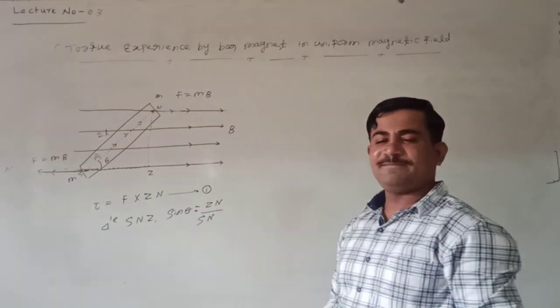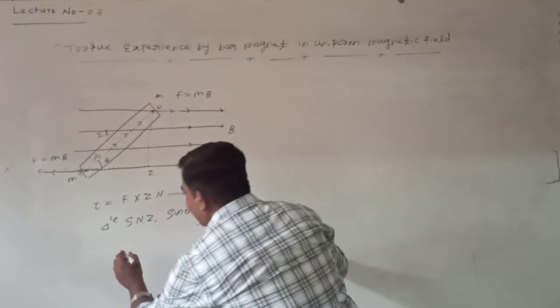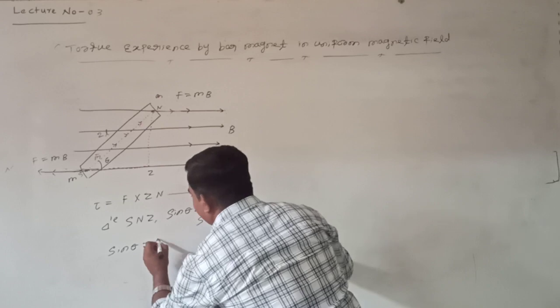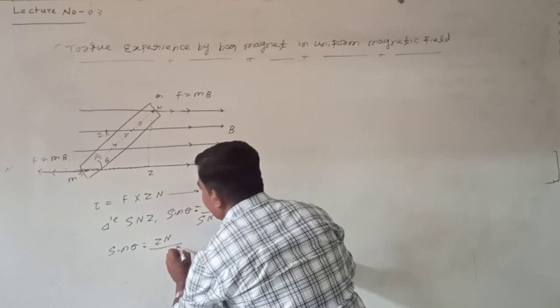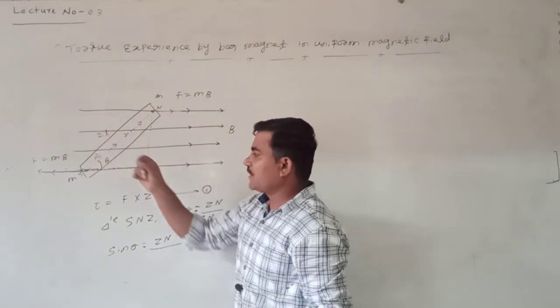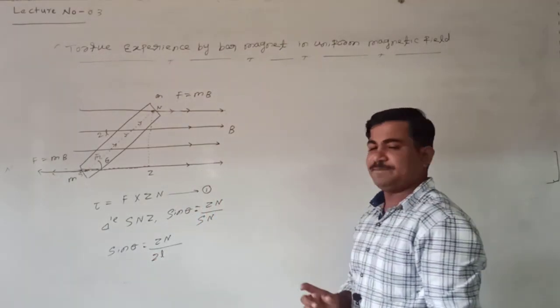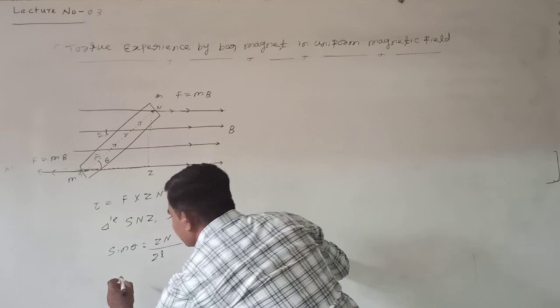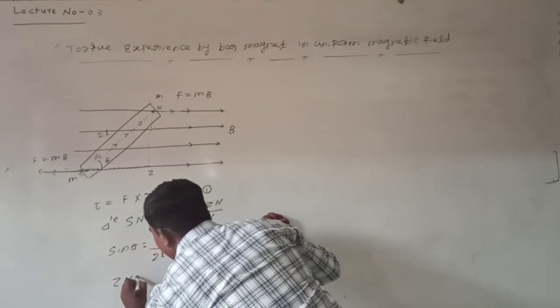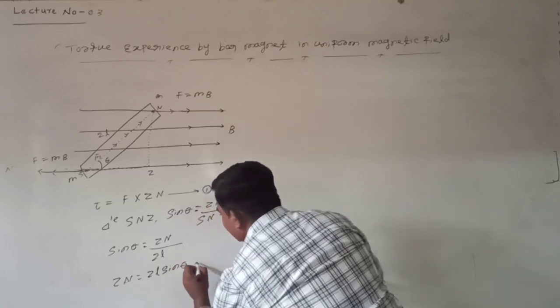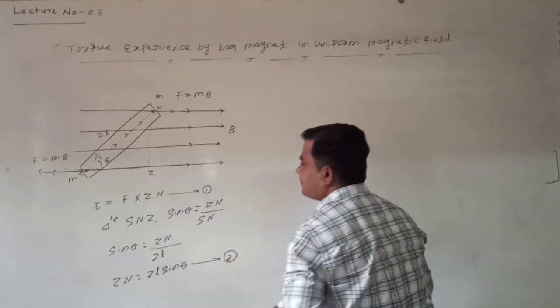SN. Right? Again you can take sine theta. Sine theta is equal to ZN by SN. What is SN? SN is the distance between the north pole and the south pole, that is represented by 2L. Again from this, what is ZN? ZN is equal to 2L sine theta. Let us call it equation number 2.